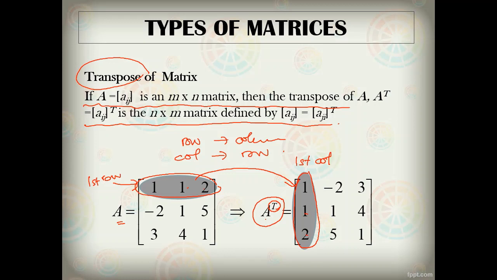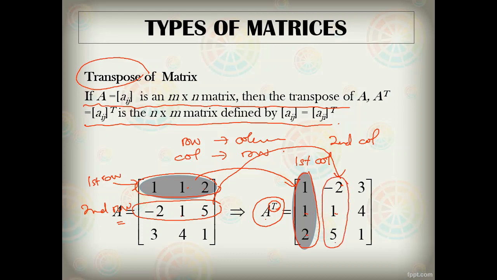Now the second row, this is the second row. The second horizontal row, you change it to become the second column. So negative 2, negative 2, 1 become 1, 5 here. So now it becomes the second column.